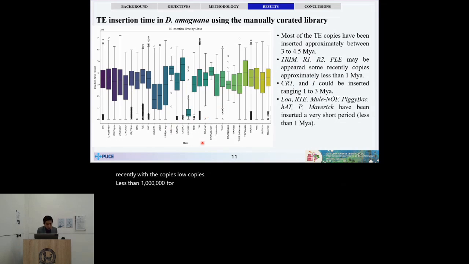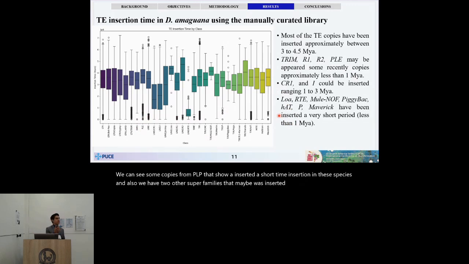For example, here we can see some copies from PLE that show a short insertion time in this species. And also we have two other superfamilies that maybe were inserted in a range of 1 to 3 million years ago.